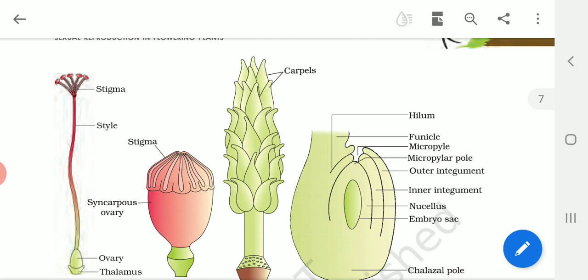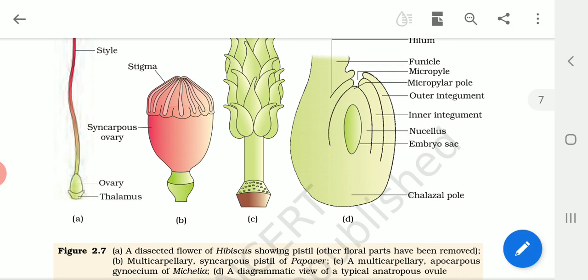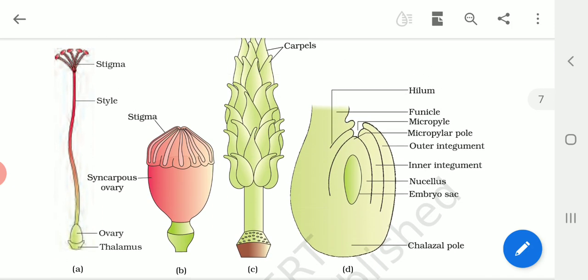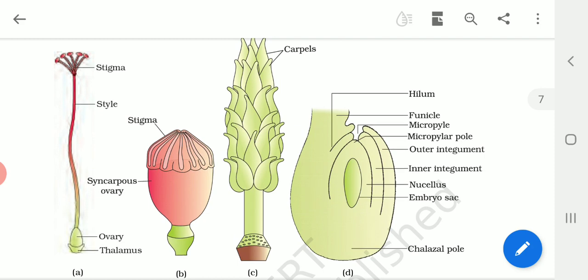Pistil actually is represented by the gynoecium. You know that the gynoecium is the female sexual part of the plant, which consists of a stigma, style, and the ovary. Figure 2.7a shows the pistil of a hibiscus plant, which has 5 stigmas on top, the style, and the ovary.